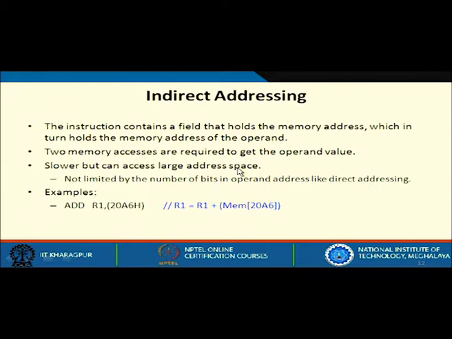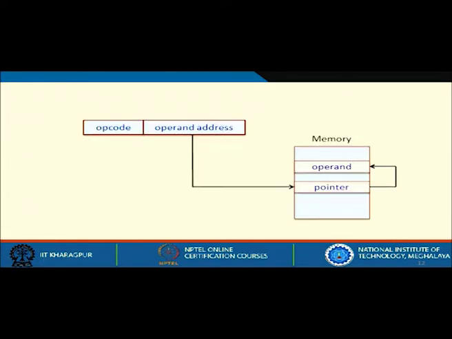Like in the previous case, we can only access that 16 bit, but using indirect addressing, the address space can be extended, and it is not limited to the number of bits in the operand address, as in direct addressing. So, here add R1 comma 20A6, where the content of this memory location will give you the operand.